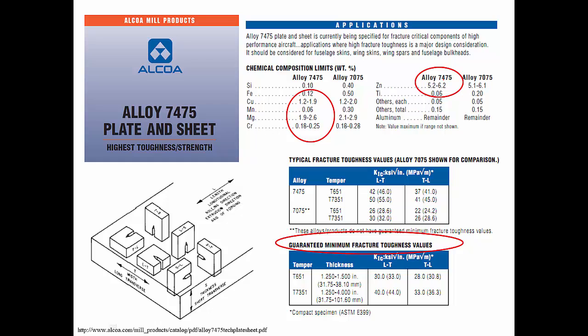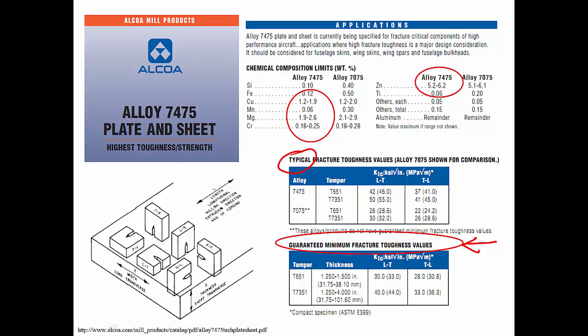And the interesting thing that you see down here is, in addition to typical fracture toughness values, there is something that's called guaranteed minimum fracture toughness value, which is obviously something that can be guaranteed only with quality control, and of course you have to pay for it in the price of the material.